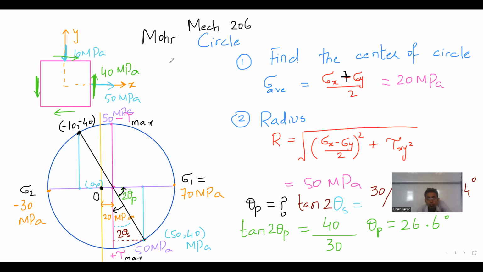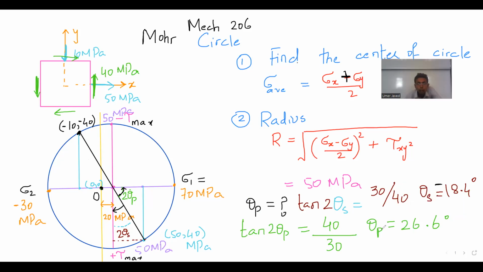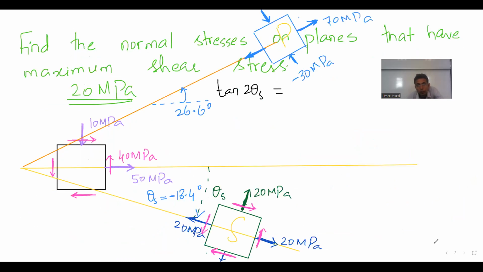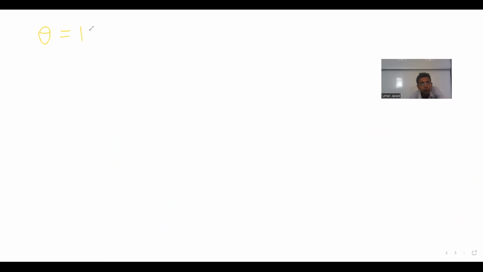What is the value of 2 theta p? Okay, let's play this little game. Let's say I ask you right now, at theta equal to 10 degrees, give me the stress profile by using Mohr's circle.